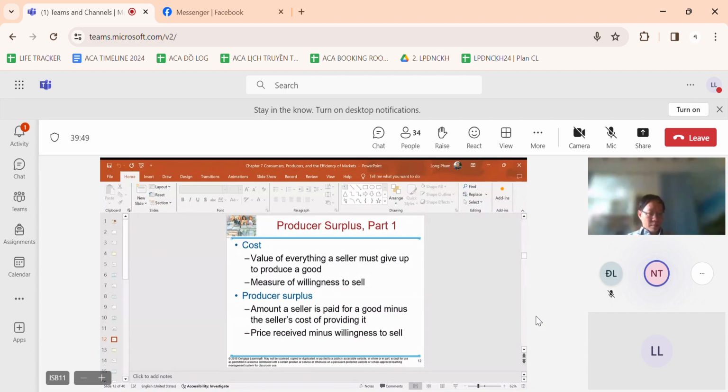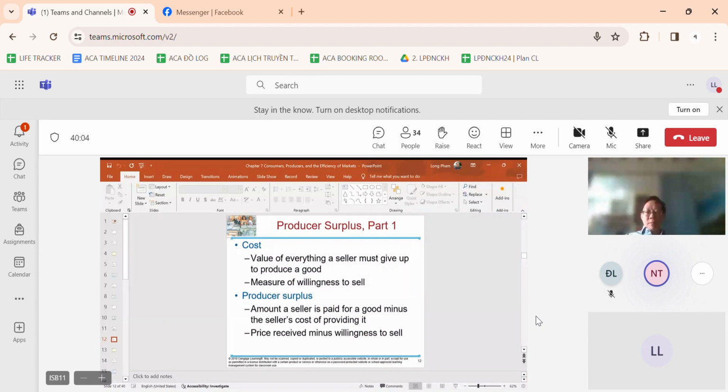This is called cost. And producer surplus is the amount received by sellers minus the cost to sellers.